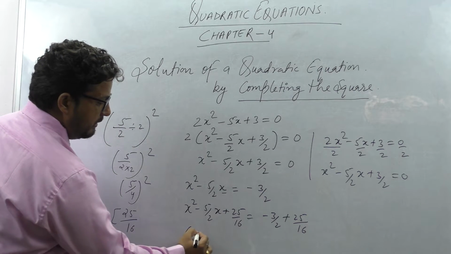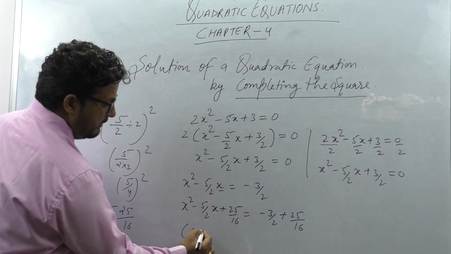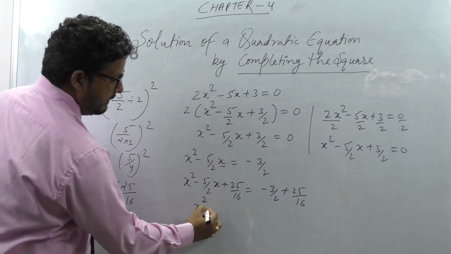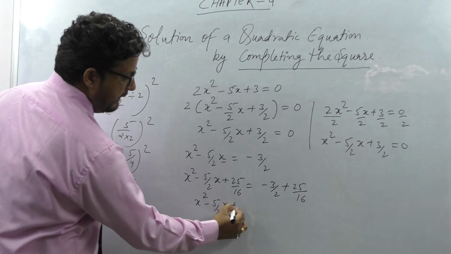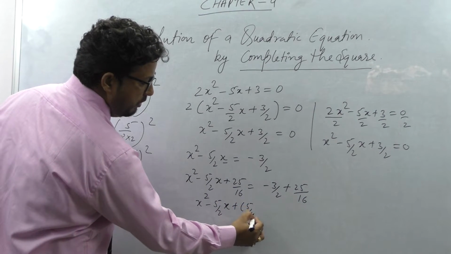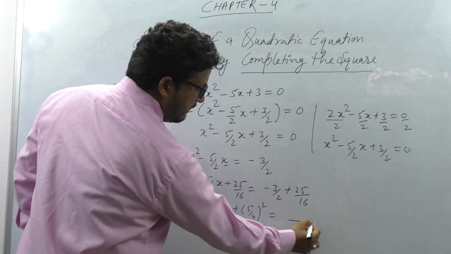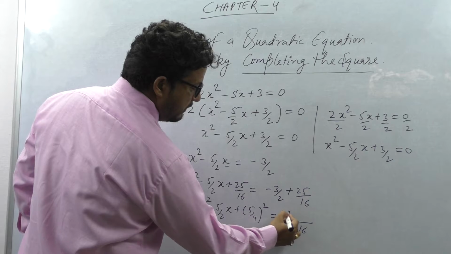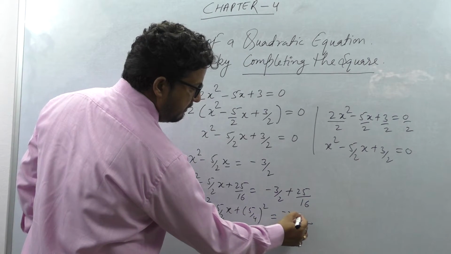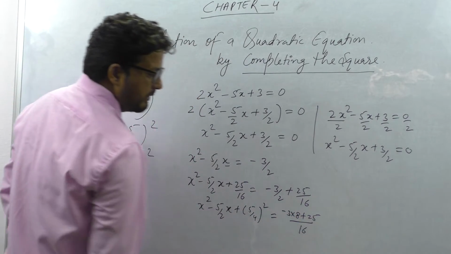Here you will notice this is x square, 5 by 2x, and I can write this as 5 by 4 whole square. On the right side, I can solve this quickly. The LCM will be 16, minus 3 is there, so 2 cuts 8 times, and plus 25.